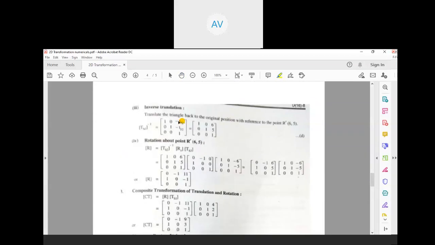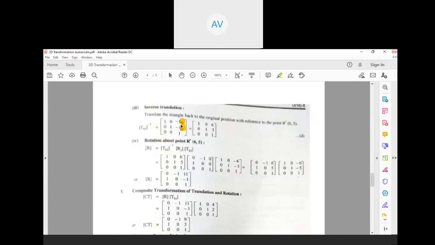So here the tx and ty values will be 6 and 5. So I have written the inverse translation matrix, moving it back to its original position. So again we will find the CT for rotation.